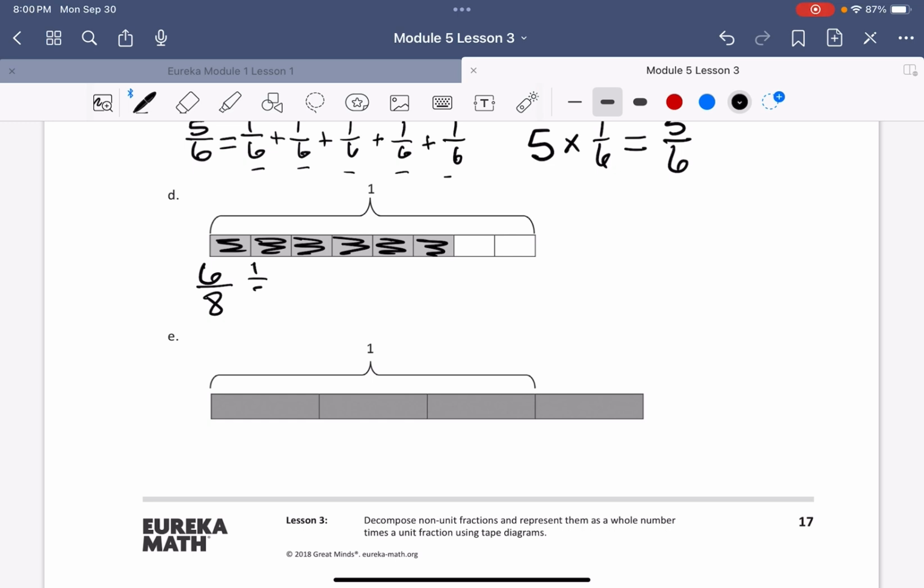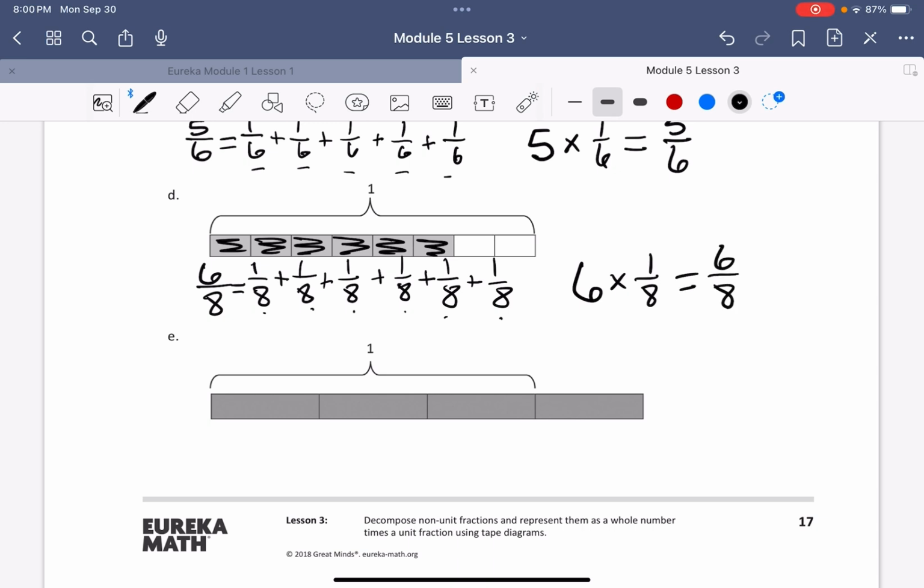To break it apart, 1/8 plus 1/8 plus 1/8 plus 1/8 plus 1/8 plus 1/8 equals our 6/8. So how many 1/8s did we have? We had 6 of them. So we would say 6 times 1/8, which equals 6/8.